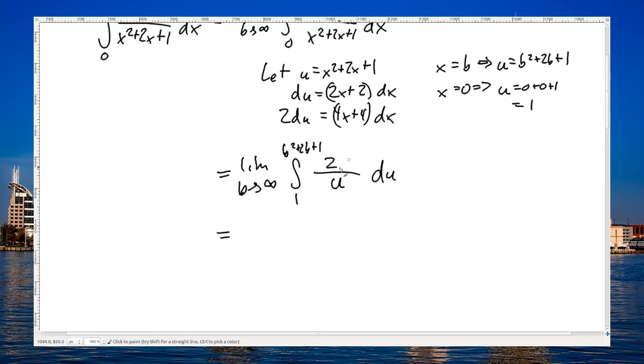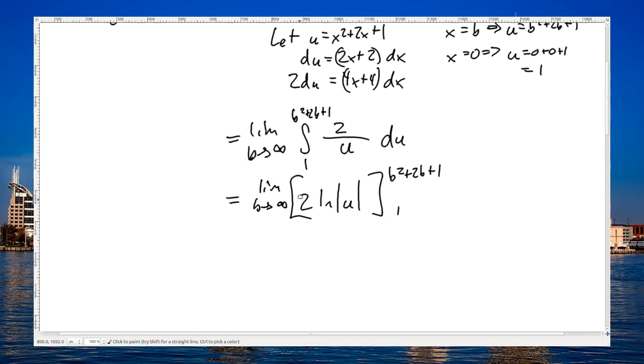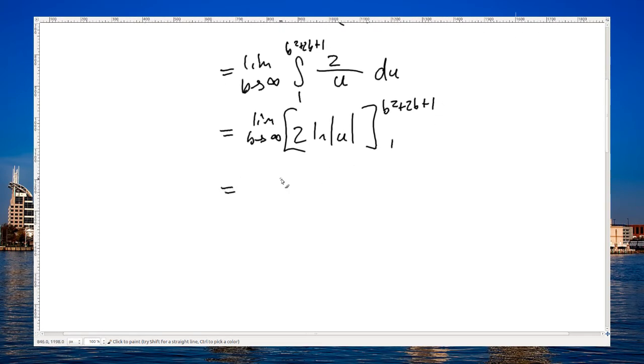All right, so we'll integrate to get 2 natural log absolute value u from 1 to that bunch of b stuff up there on top. And then we'll plug in the top. And this is actually always positive, so I don't have to worry about absolute values.